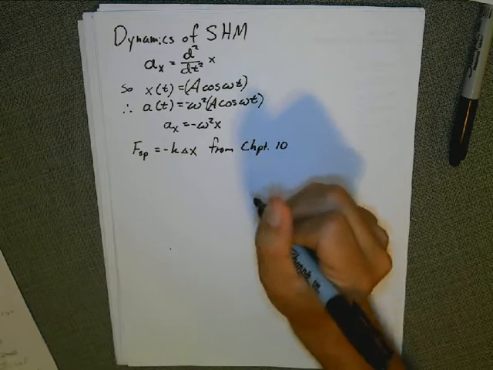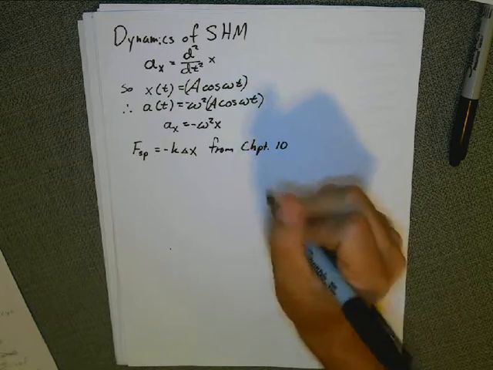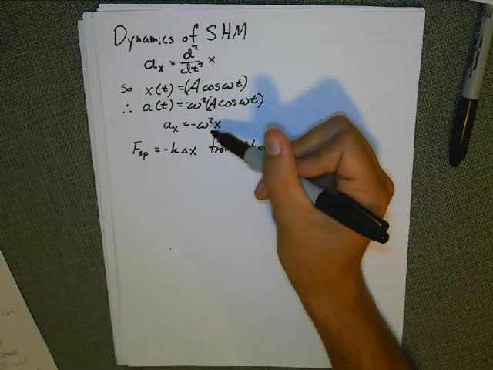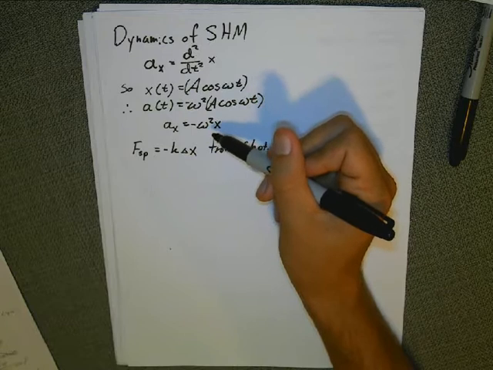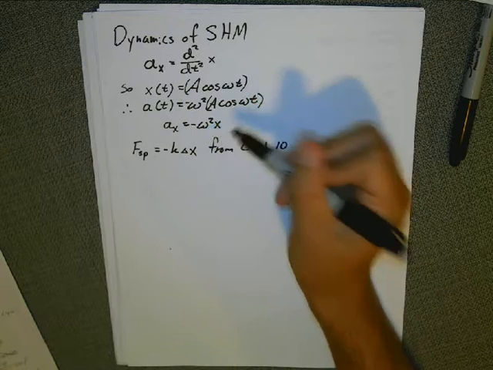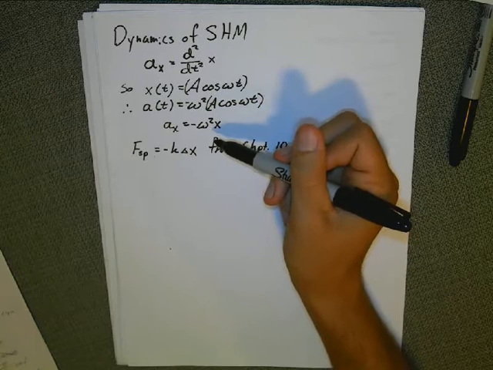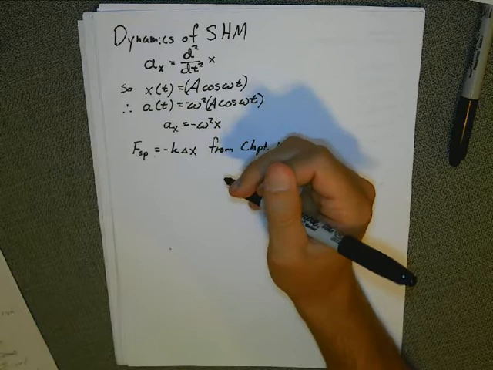The same goes for negative omega squared x. It's a restoring acceleration. So if I just multiply this by m, that gets me the restoring force. Restoring force always points towards the equilibrium position.